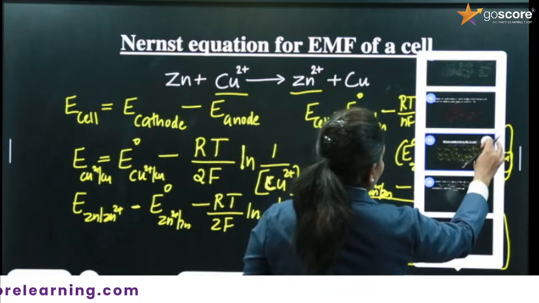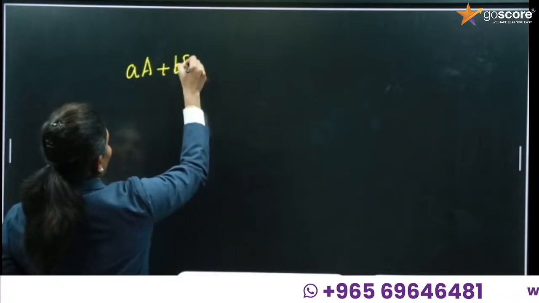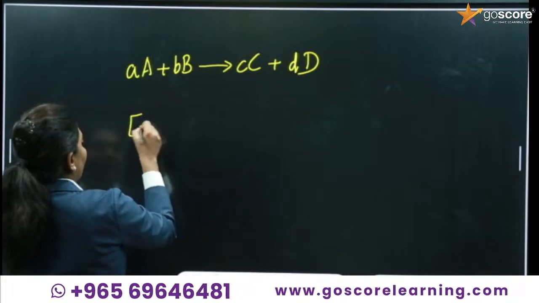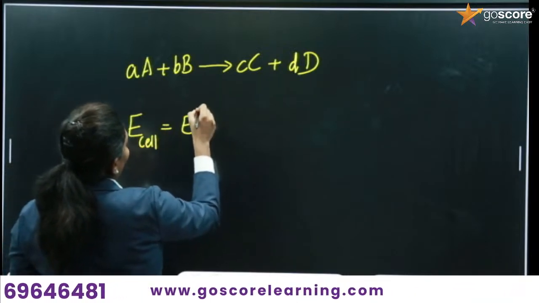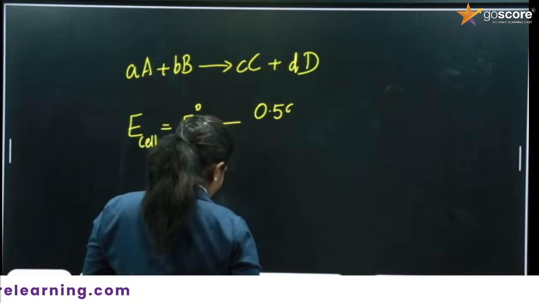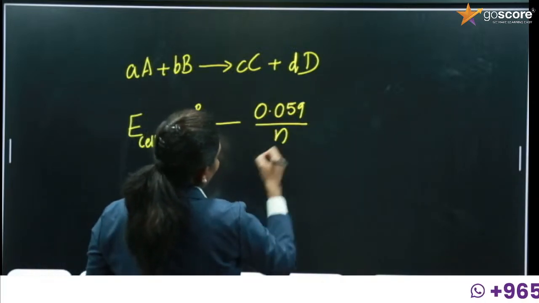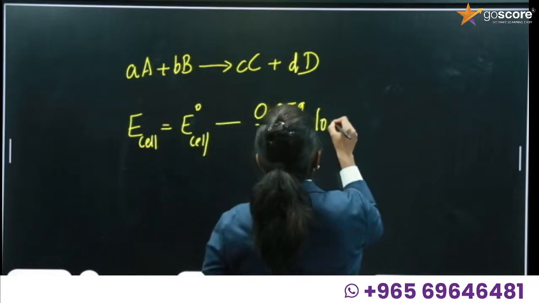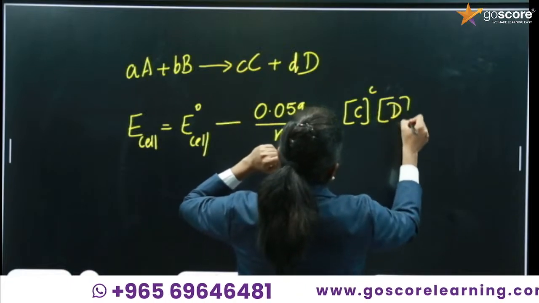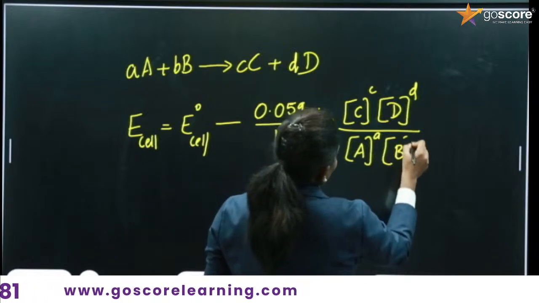Here, for a general equation, aA plus bB giving cC plus dD, we can write the E cell as E cell is equal to E naught cell, the standard electrode potential of the cell, minus 0.059 divided by N log of the product concentrations, C raised to its stoichiometric coefficient c, D raised to d, divided by the reactants, A raised to a and B raised to b.